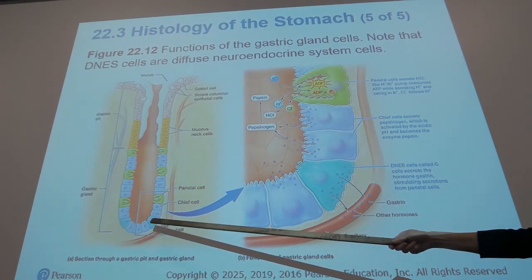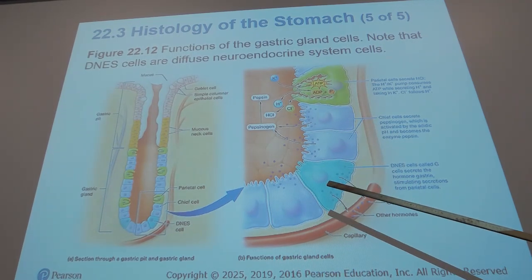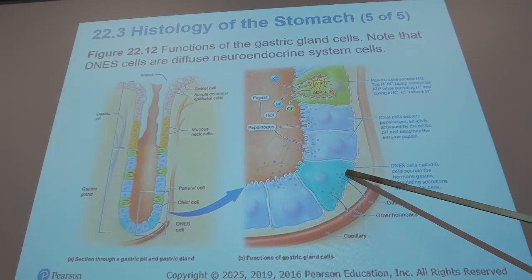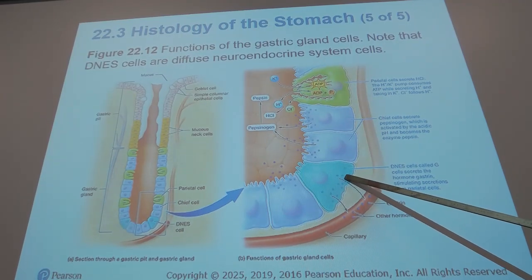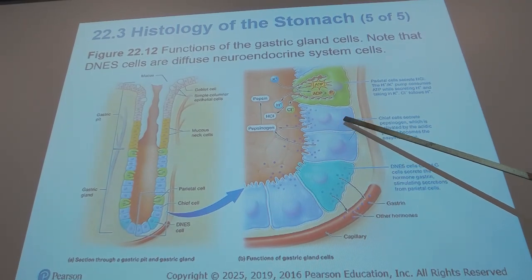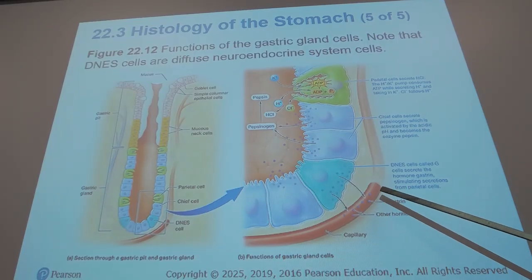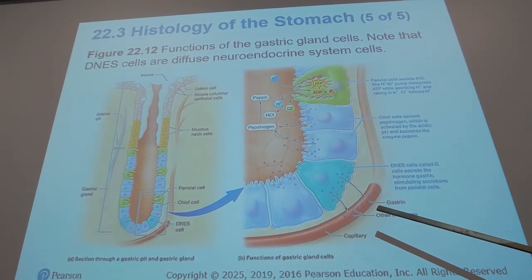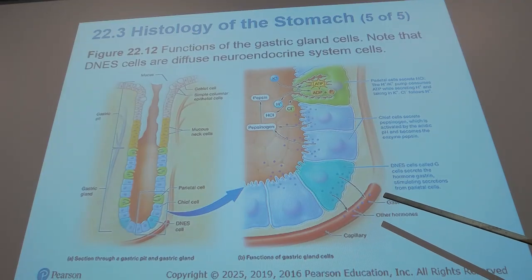Now, in the bottom of this area, we have DNS cells that are also known as G cells. These G cells secrete a hormone that is called gastrin. The gastrin hormone stimulates the secretion of these parietal cells and also stimulates the movement of the stomach so that the stomach can mix the food.